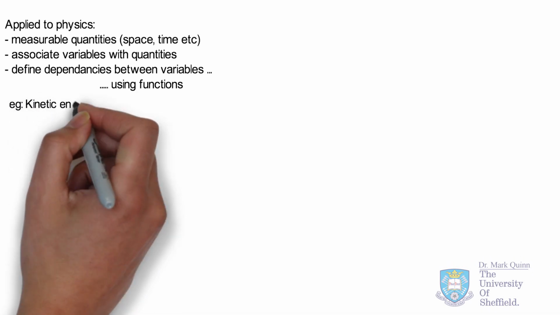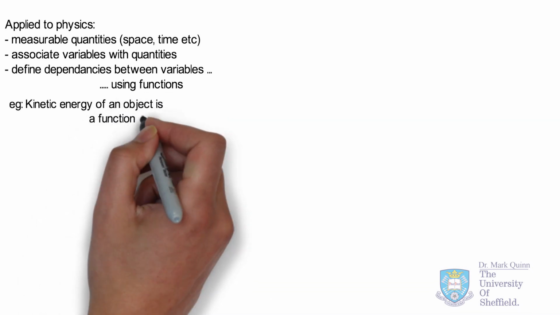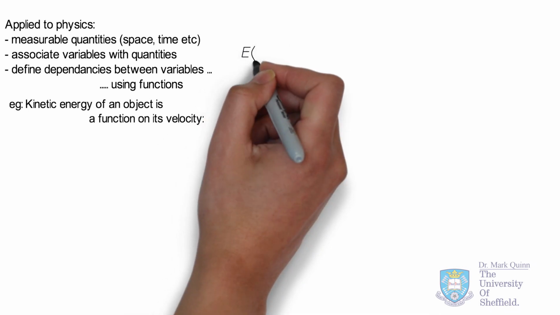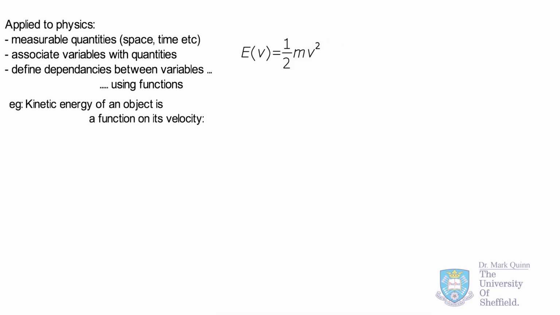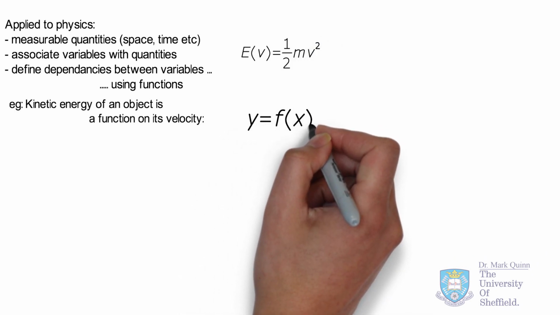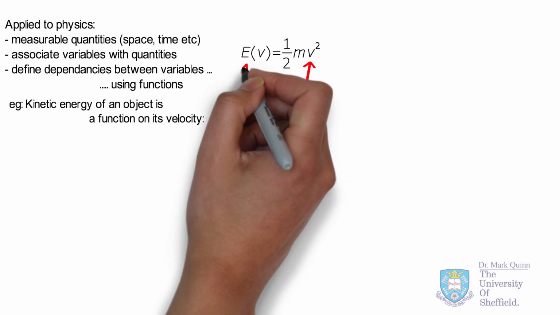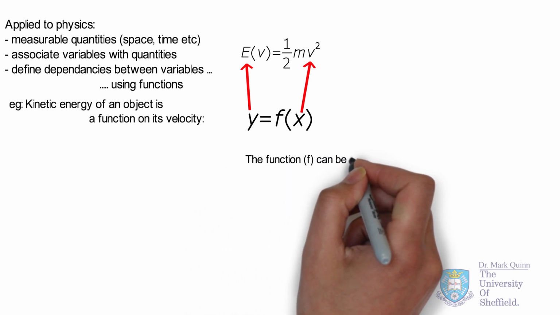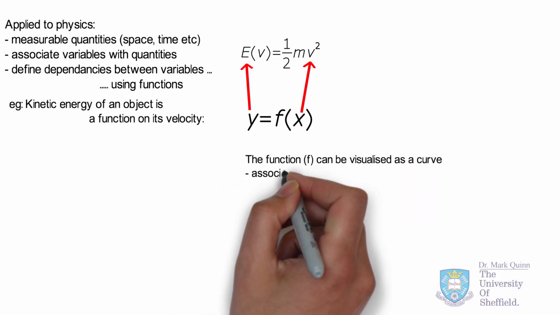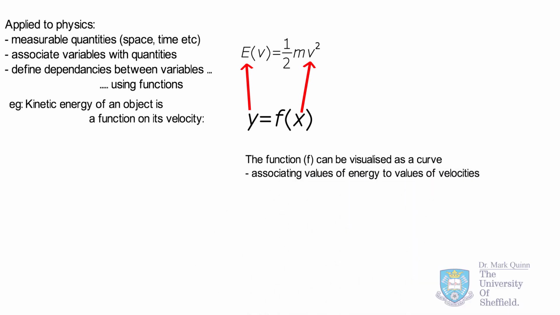For example, the kinetic energy of an object with some mass is a function of its velocity, and we can write this mathematically by stating that the quantity energy depends on the value of v, velocity. The function then is the expression defined as a half mv squared. And we can visualize this function as a curve, which associates values of energy to values of velocity.